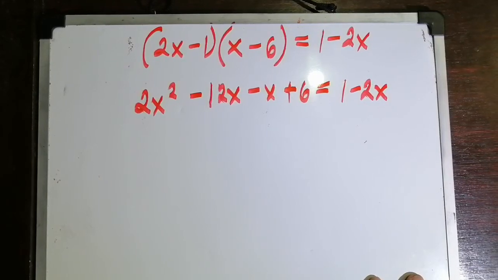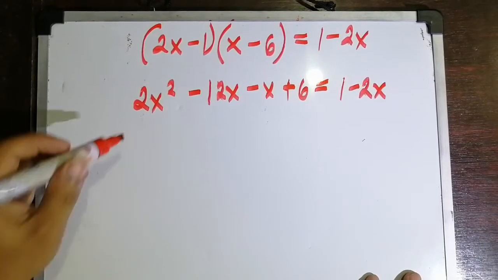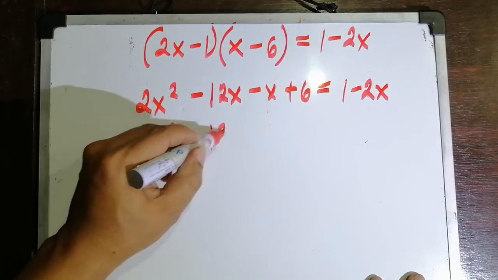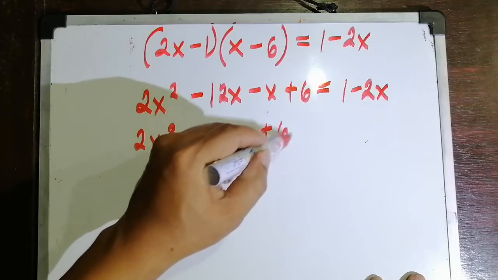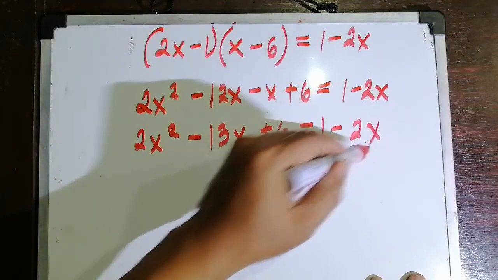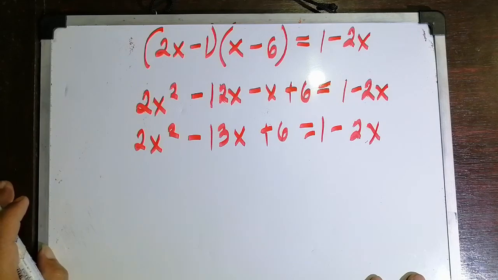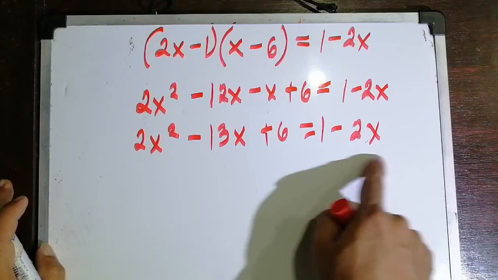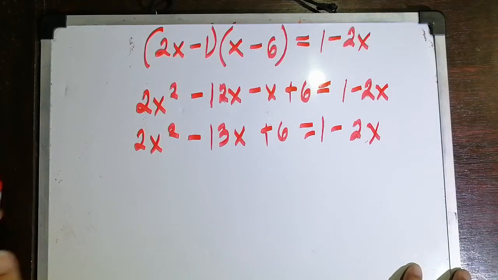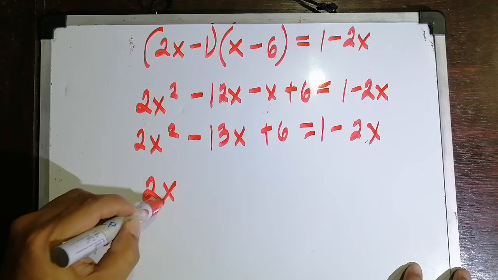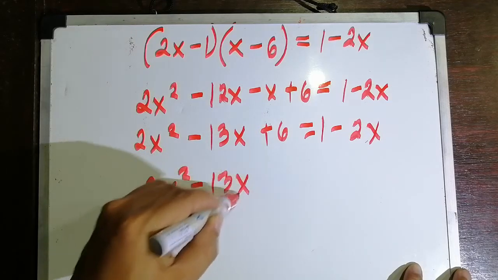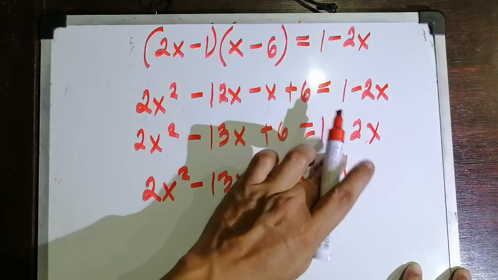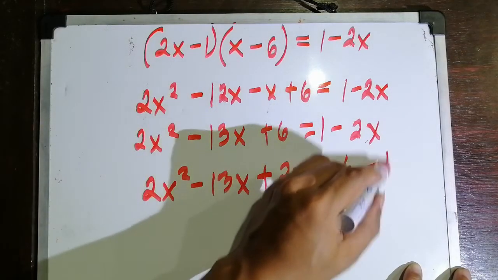Okay? So, FOIL method. Next, simplify. 2x squared minus 13x plus 6 equals 1 minus 2x. So, maalala nyo sa quadratic equation natin, dapat naka-equal to 0. So, yung mga term na to, ililipat natin sa left side. So, 2x squared minus 13x plus 2x plus 6 minus 1.